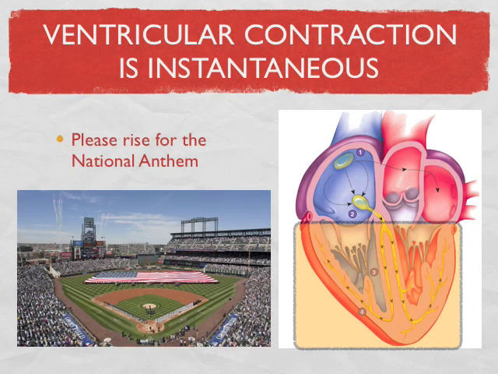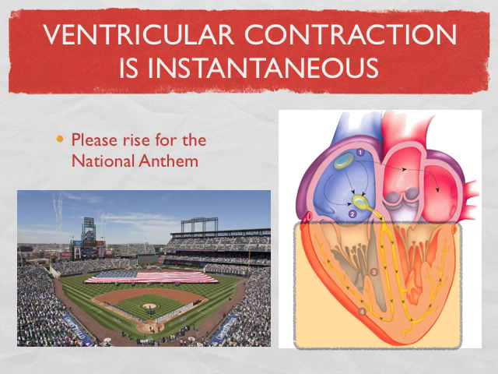Please rise for the national anthem. And when that is stated, everyone in the stadium stands up together. There's no wave-like standing from person to person. Everybody responds to a single instruction, and they all stand in unison. And this is what is happening in the ventricles. The ventricles need one massive contraction. Remember, the ventricles are creating the blood pressure that forces blood through the arteries of the human body.